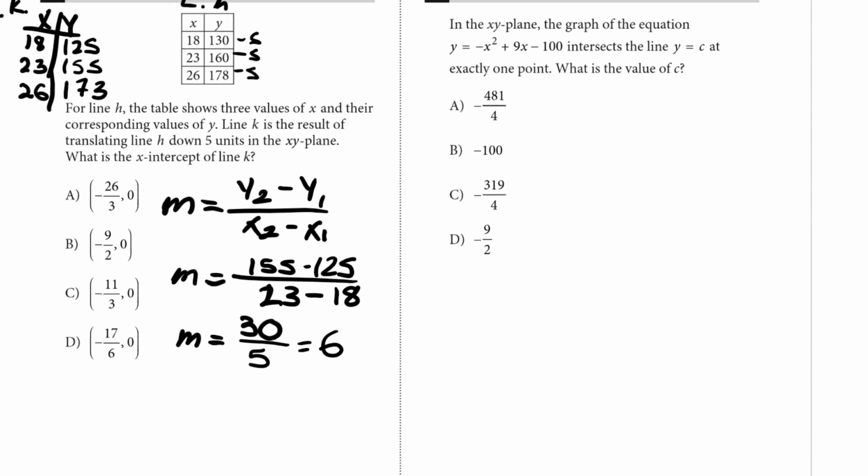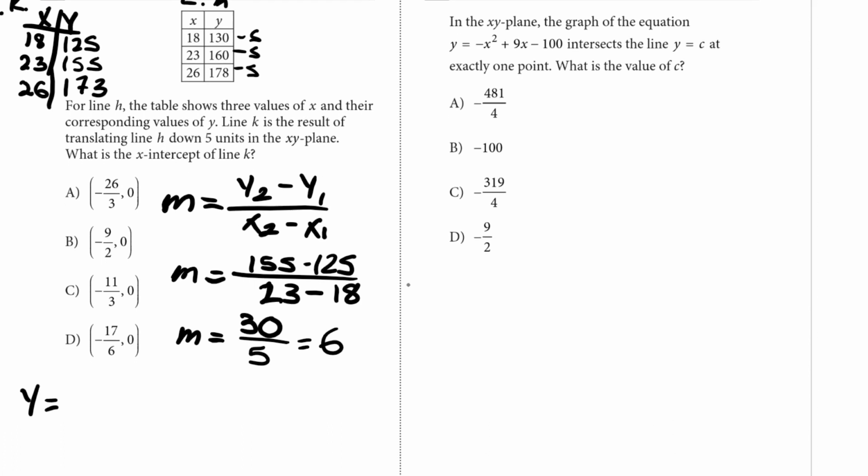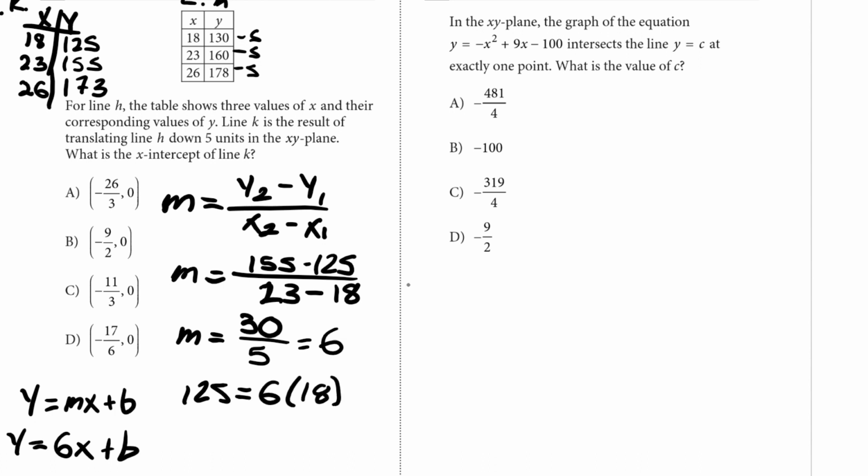So we have y equals mx plus b, where our m is 6. Y equals 6x plus b. We can use one of the ordered pairs to figure out what b is. We will use the first one. 125 equals 6 times 18 plus b. 6 times 18 is 108 plus b.